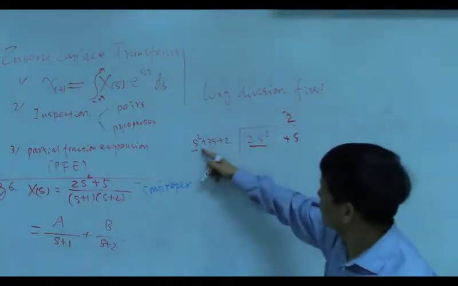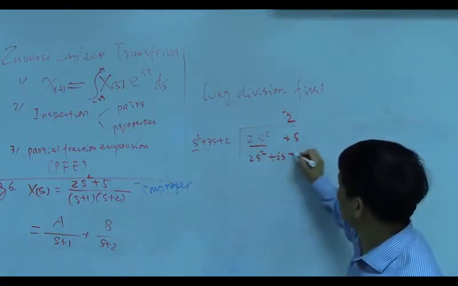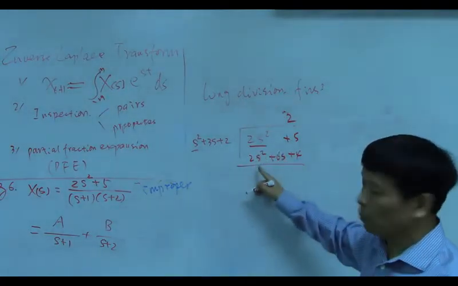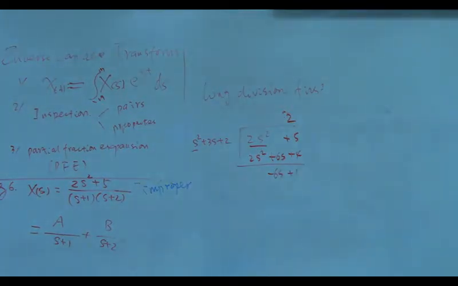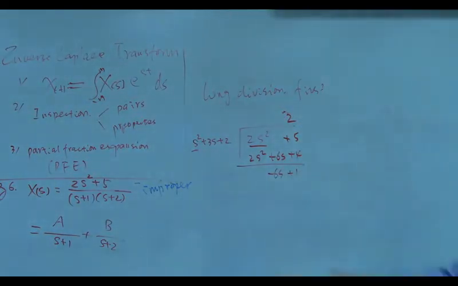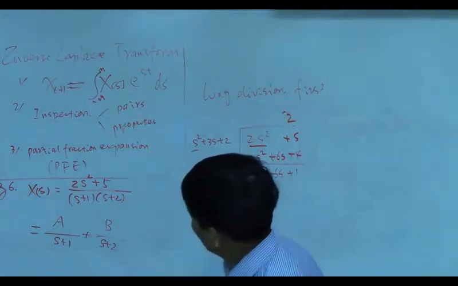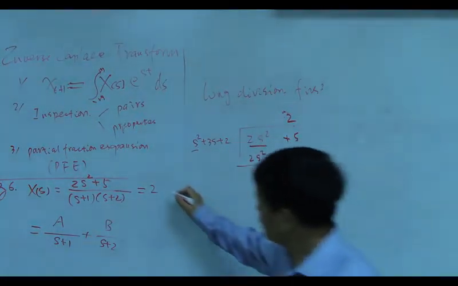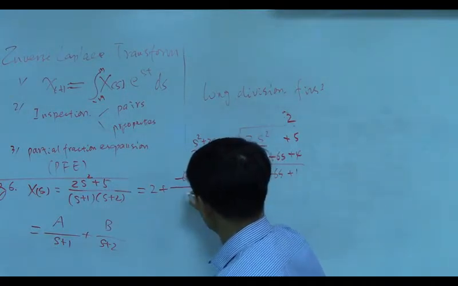So 2 times this is 2s squared plus 6s, then plus 4 here. Then we subtract. This part is gone. This one is negative 6s, then this equals 1. So this divided by this will equal 2 plus the remainder. I will write 2 here, and the remainder is on the top, and the bottom is still the same.